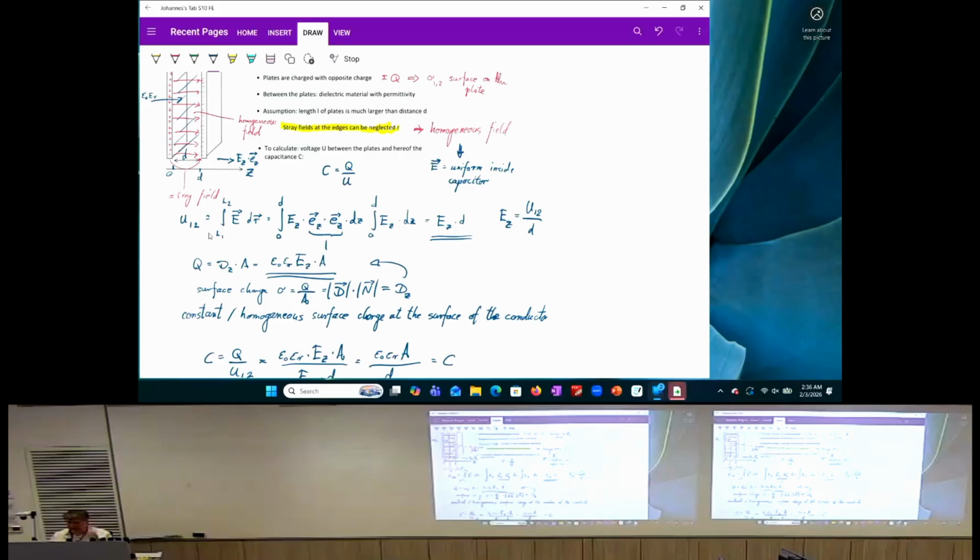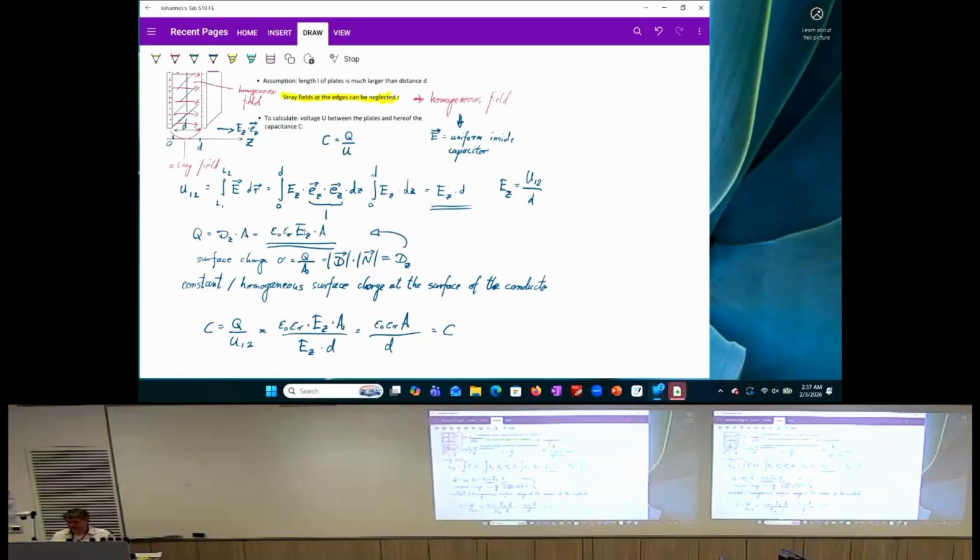We take the voltage that is obtained by integrating over the E field, and the E field is conveniently now homogeneous. It is constant, and it is all oriented here, if you look with respect to this graph, in Z direction. So it comes down that the voltage is actually just the E_z times the plate separation d.